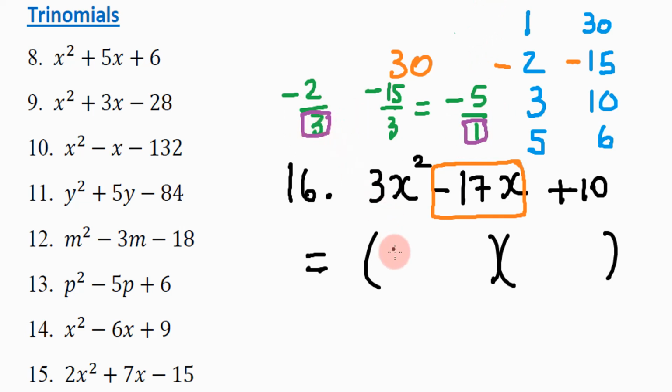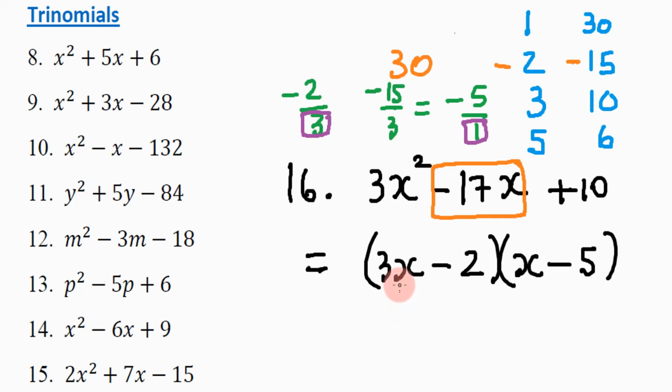So 3 times x is 3x, and 1 times x is 1x, or just x. Then the numbers at the top here, negative 2 and negative 5, will go in the brackets respectively. So negative 2 is above 3, so it will go in this set of brackets. And negative 5 is above 1, so it will go in this set of brackets.